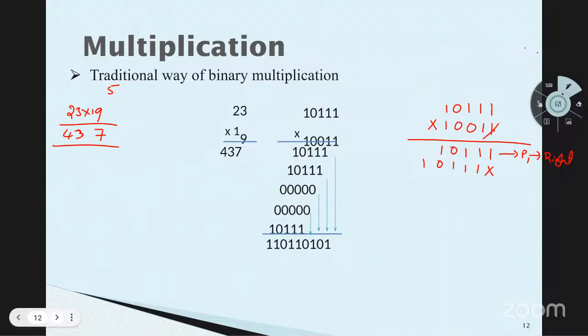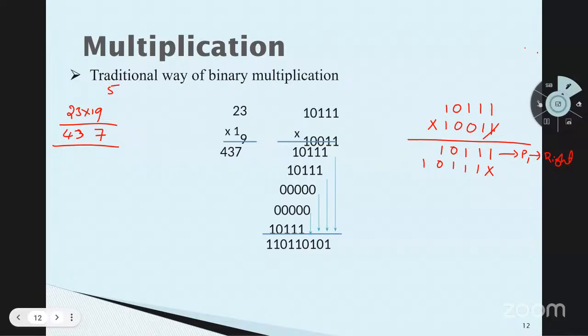Since it moved, our 1 bit position moved, then we write from the next bit onwards. Okay, so this is called the partial product 1 moved to the right hand side. That is the right shift operation. Shifting means the data can be moved like this, right hand side, or the data can move left hand side.